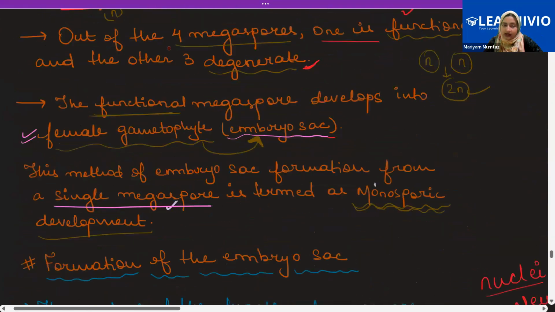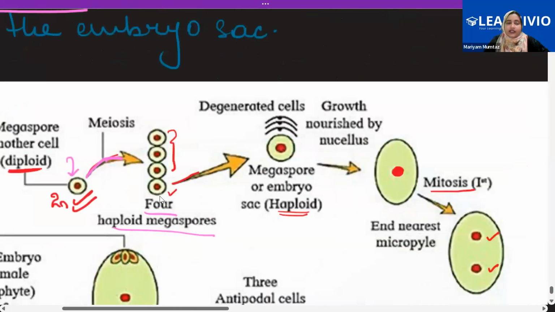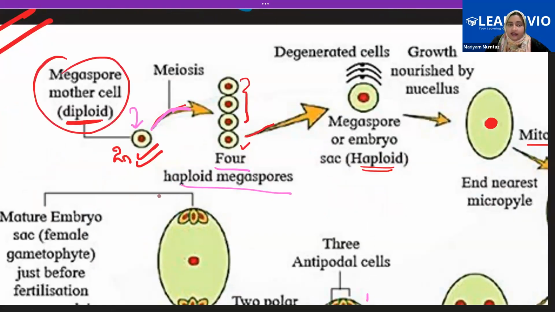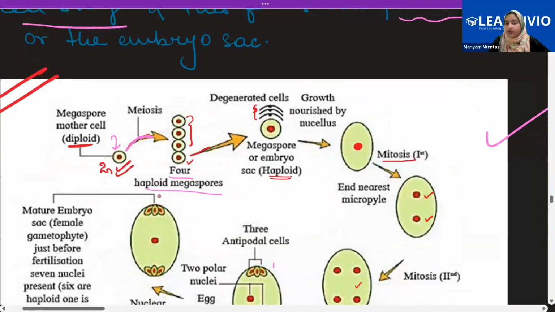No, ma'am. See, I have a picture. The megaspore mother cell undergoes meiosis and forms 4 haploid megaspores. Out of these 4, 3 are degenerated cells. They don't work. And only 1 megaspore forms the embryo sac.